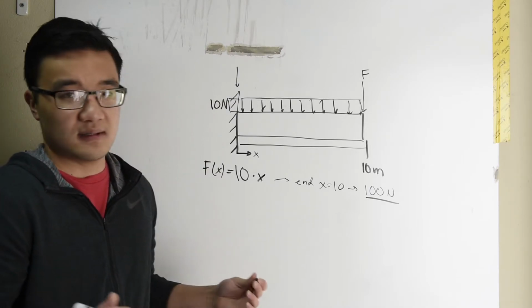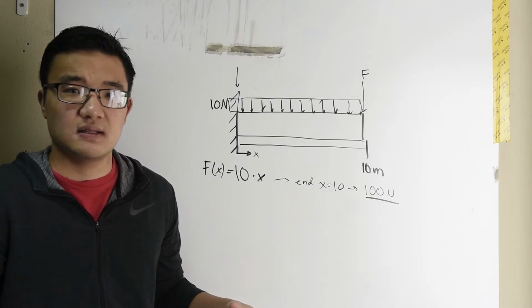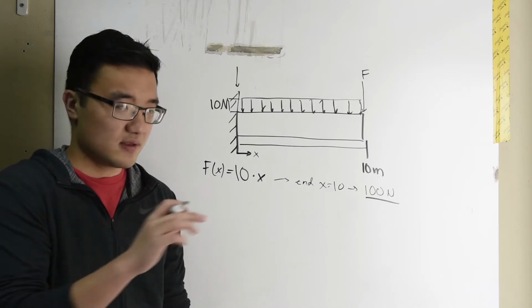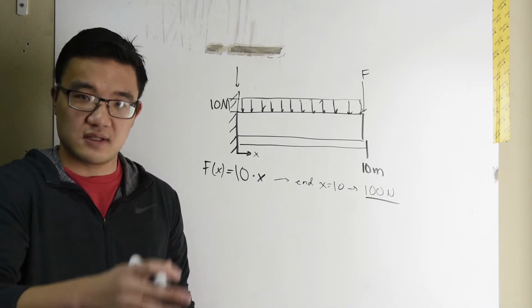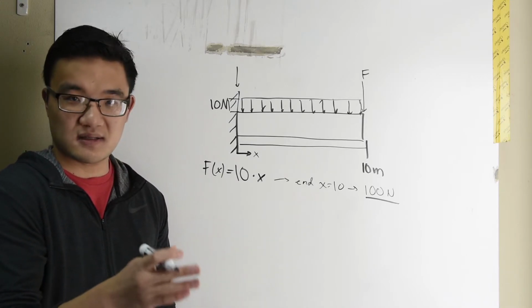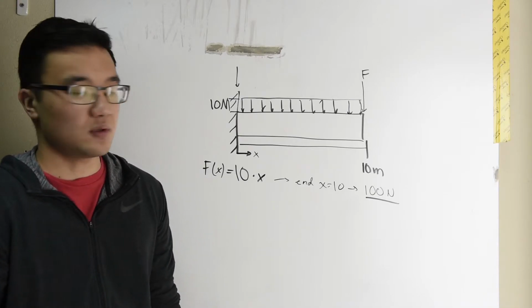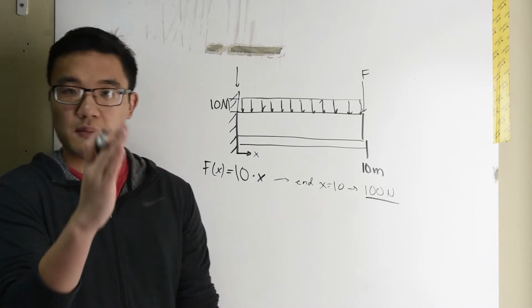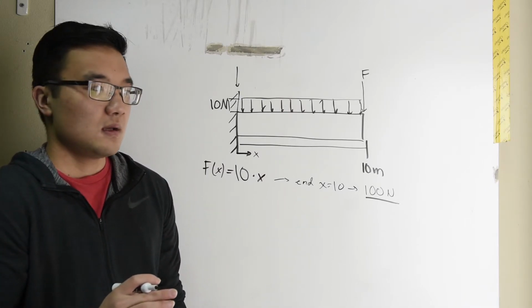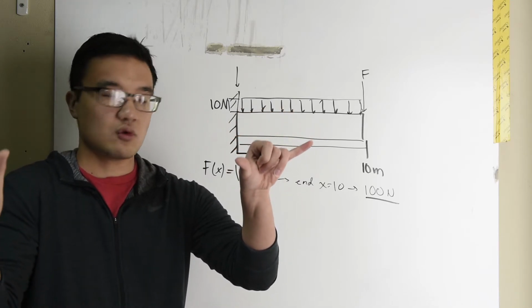Now, when you're thinking about what a centroid is, or what a center of mass is, you're basically thinking about where is the one point on this distribution where I have an equal amount of stuff to the left and an equal amount of stuff to the right. For a rectangular load, this is quite simple. If I want to balance this load at one point, that one point's got to be where I have an equal amount of stuff to the left and right.